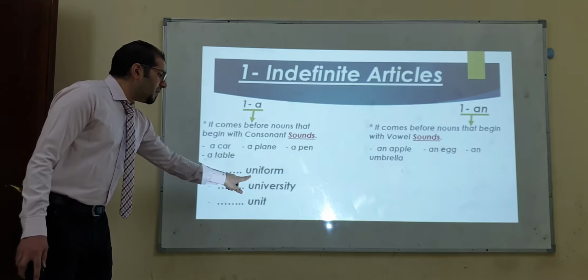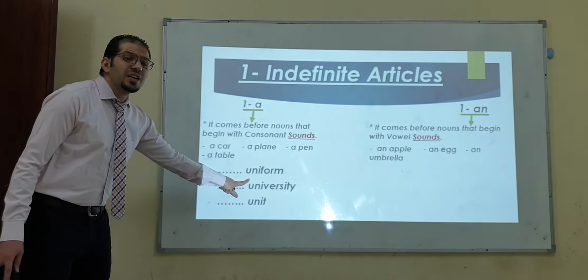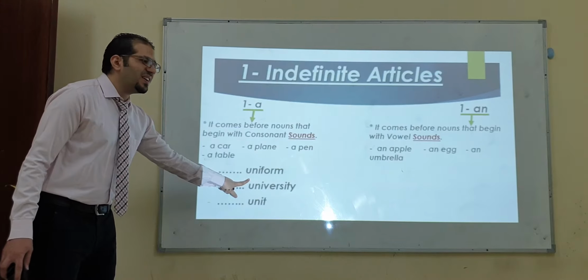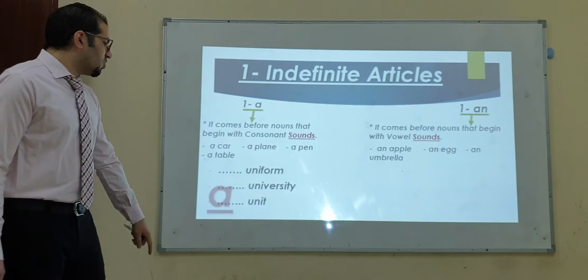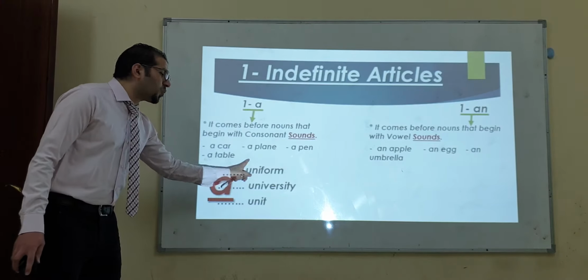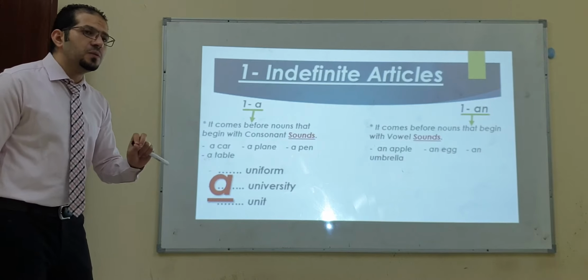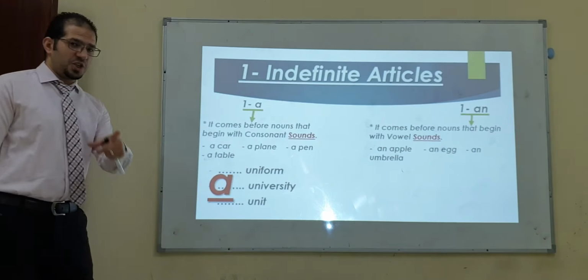Here it's pronounced like you. It's not a vowel sound here. It's like a consonant sound. So be careful with these words: if u is pronounced as you, it's a consonant sound, so we are going to use a. This is a special case.